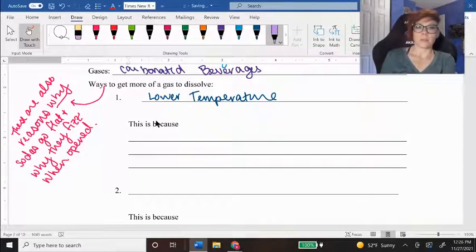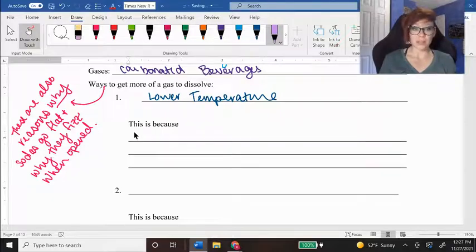So why is it lowering the temperature causes more of a gas to dissolve? Well, you have to think about this in terms of gases. Gases have some of the highest kinetic energy. Again, when you increase your kinetic energy, they're moving a lot faster, so they're not going to stay in solution as easy.